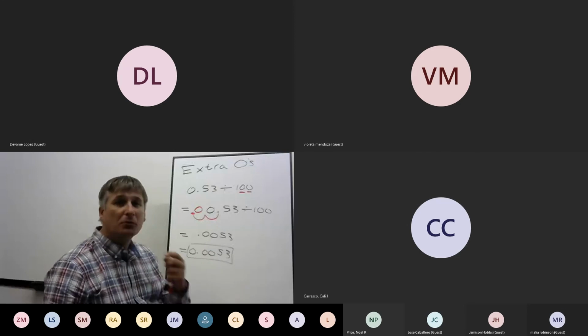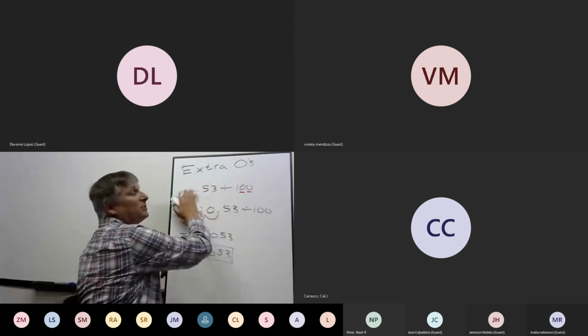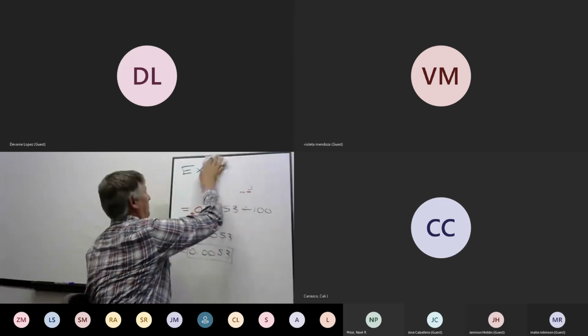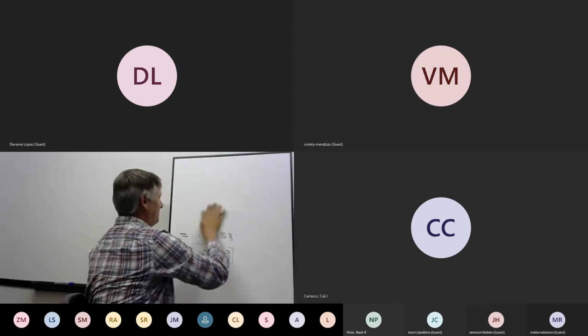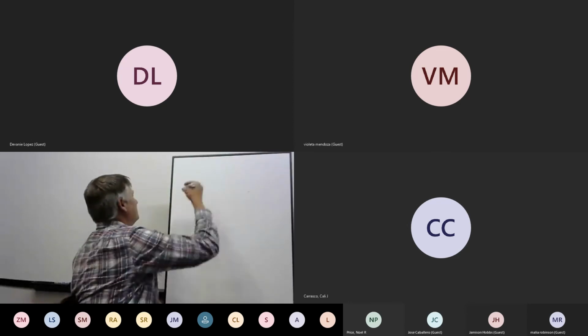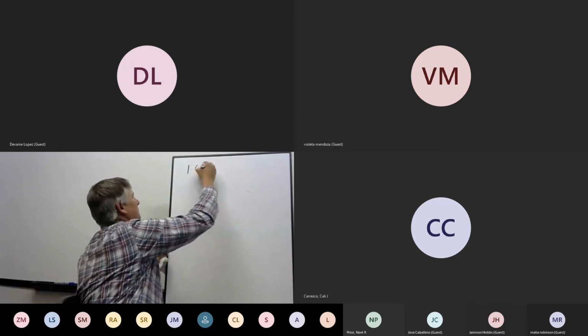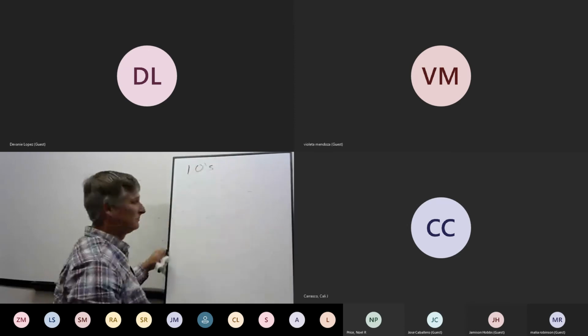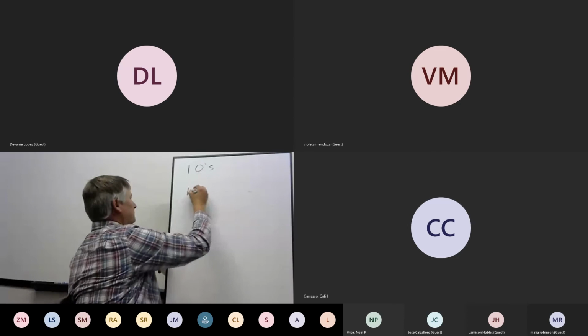And so just to give you what the multiples of 10 are, or I should say the powers of 10. Well, we can use the multiples of 10.